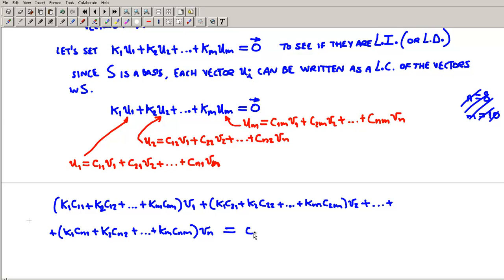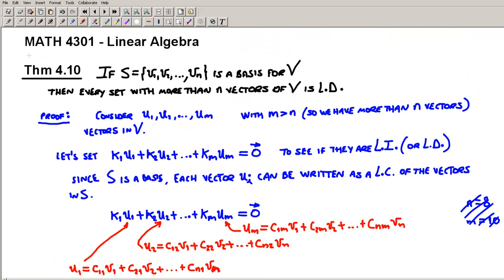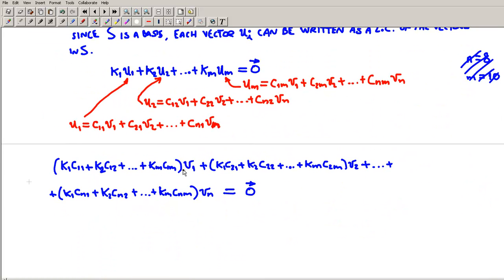And then remember, this whole thing is set to be equal to the zero vector. Now, look at this. This is a linear combination of the vectors in the basis, right? Remember, if I go back here, these are the vectors in the basis. So I have a linear combination of vectors in the basis, and that's equal to the zero vector. Because the basis is linearly independent, all those coefficients must be zero.